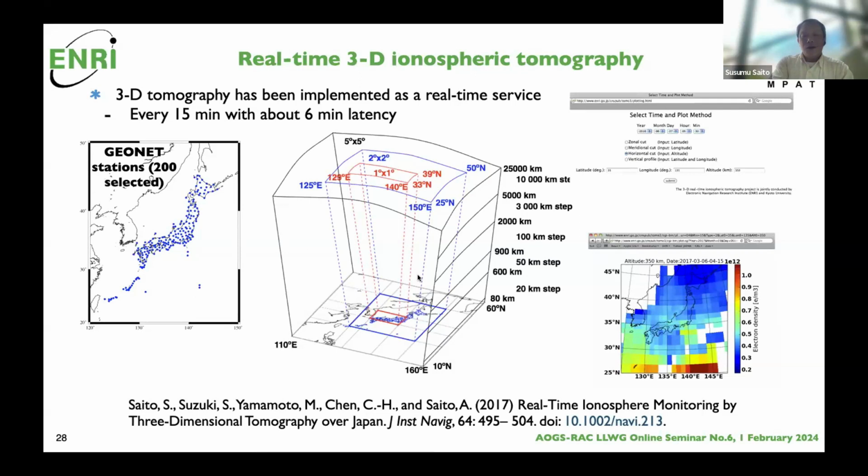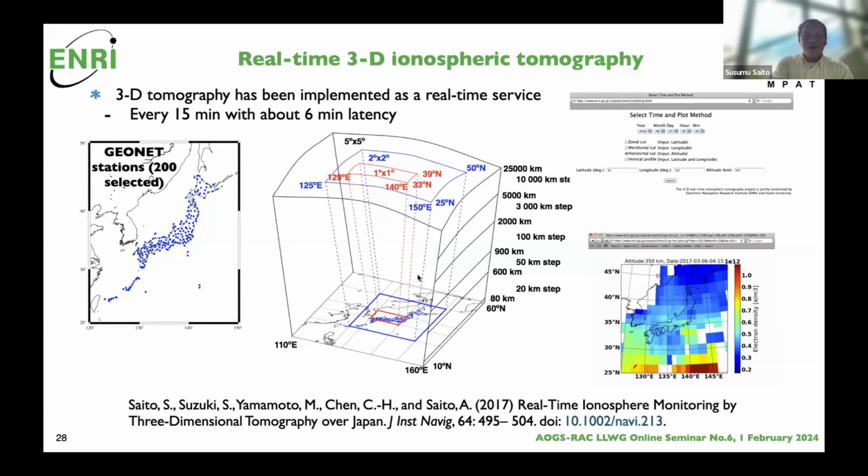Now we operate this system to produce the 3D ionosphere density profile every 15 minutes with about 6 minutes latency. But now it's updated to be 3 minutes latency.